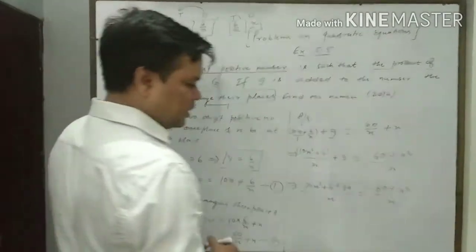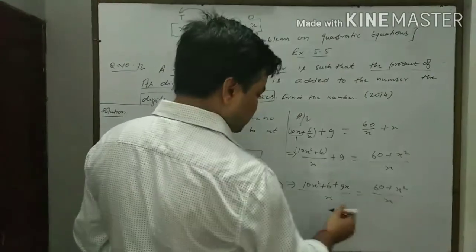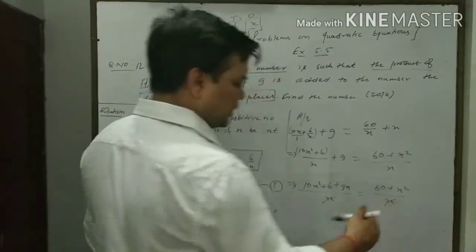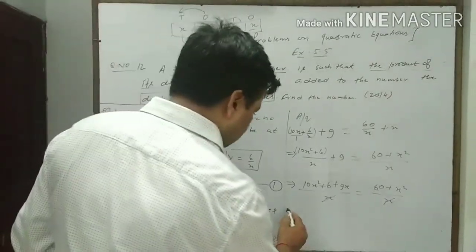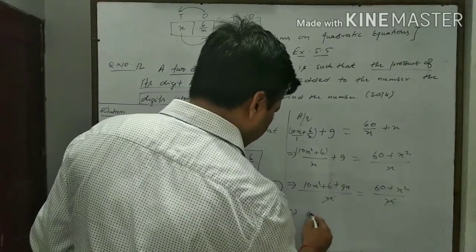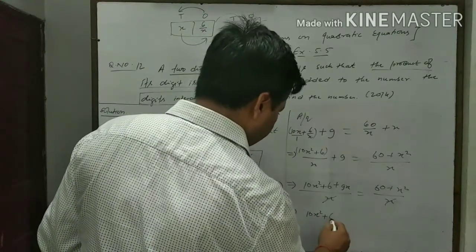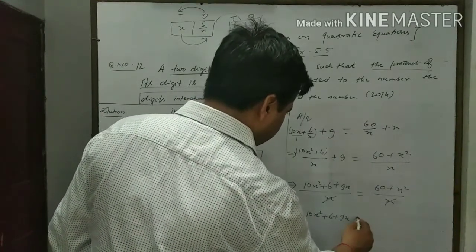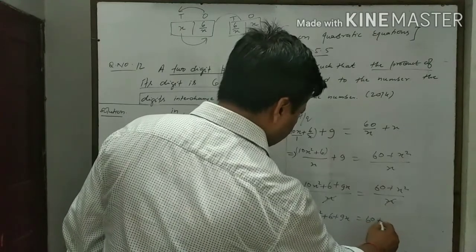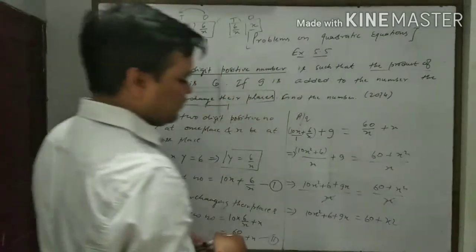Okay. Now the same denominator x on both sides will be cancelled. Then it will take this form: 10x square plus 6 plus 9x is equal to 60 plus x square.